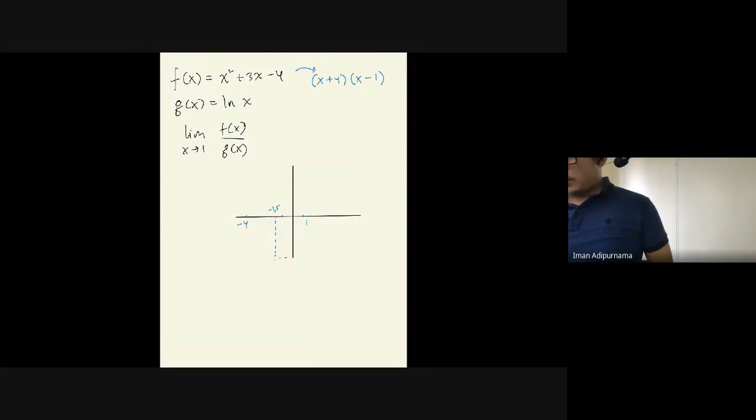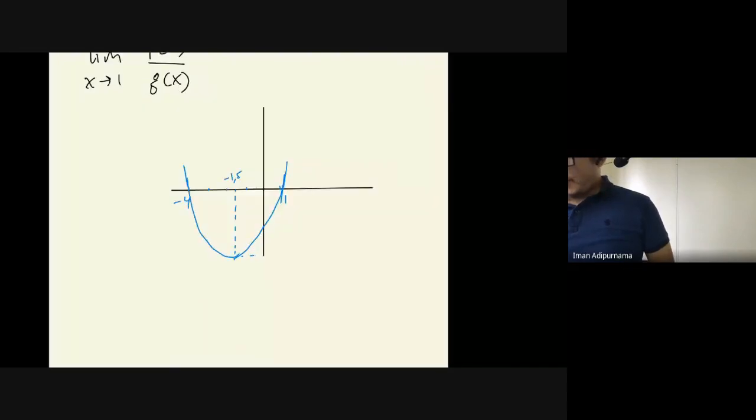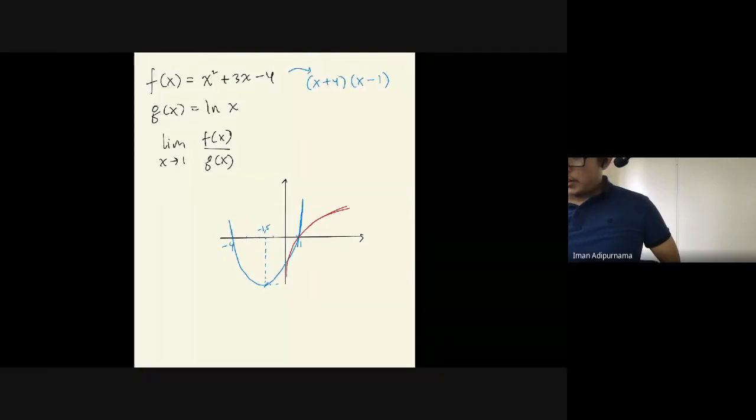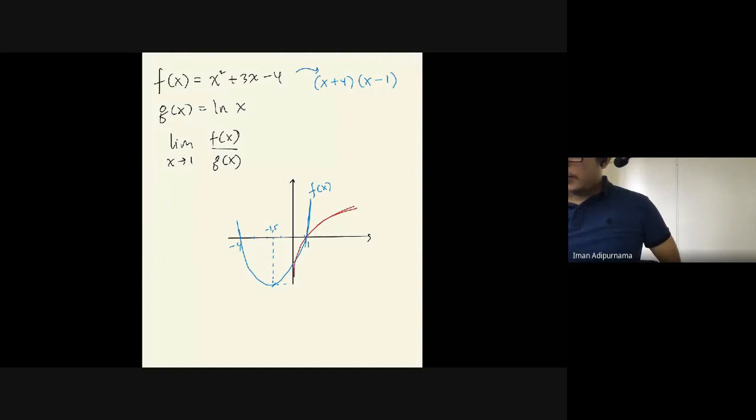Okay, let me just draw like this. And then the ln maybe like that. What I just want to show you is that the blue one is f(x), and the red one is g(x), the ln.